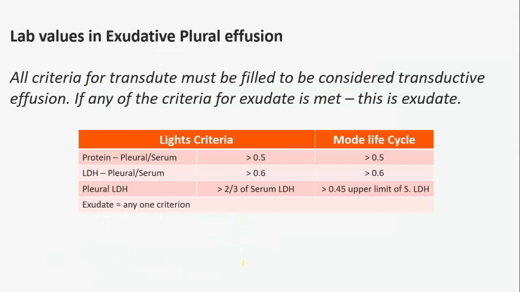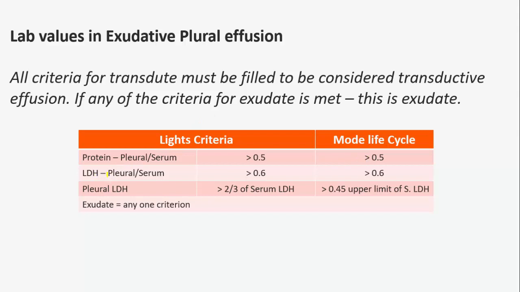What are the lab values in exudative pleural effusion? All criteria for transudate must be fulfilled to be considered a transudative effusion. If any of the criteria for exudate is met, then this is exudative. So we see if pleural protein to serum protein is more than 0.5, this is Light's criteria, and in modified Light's criteria, it is more than 0.5 again.